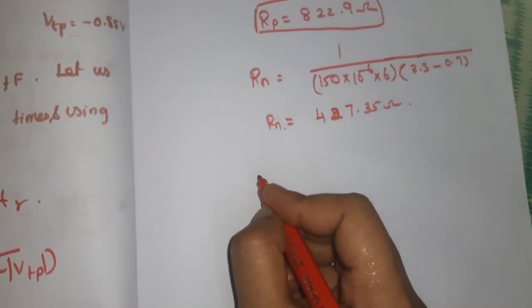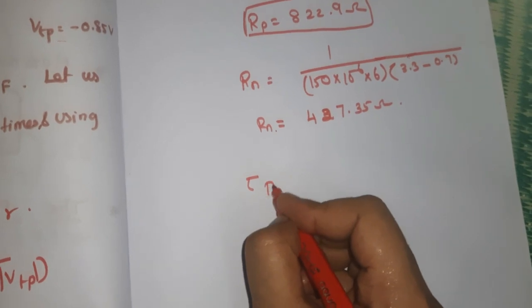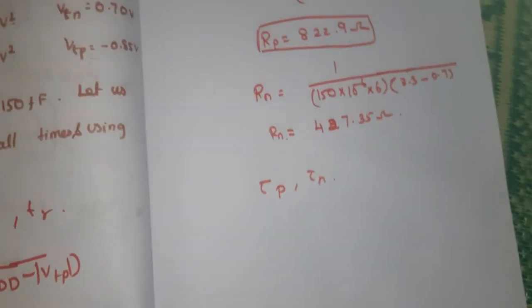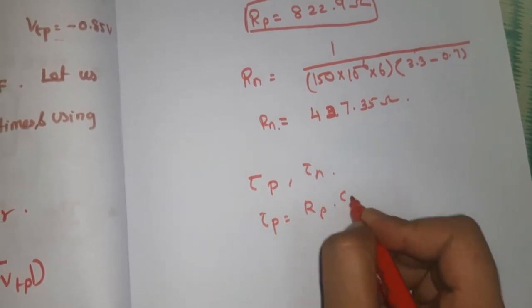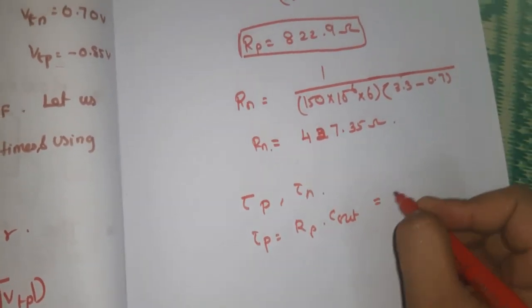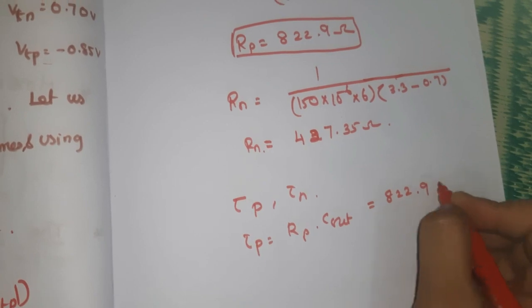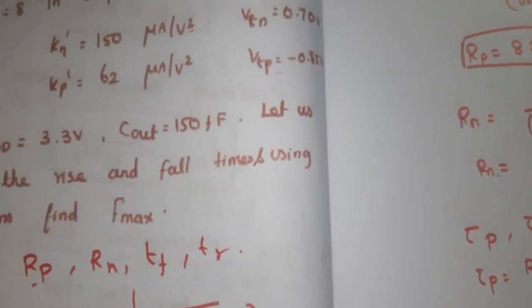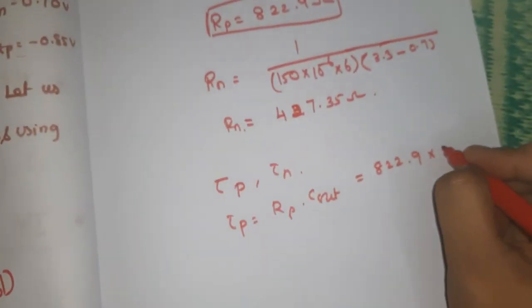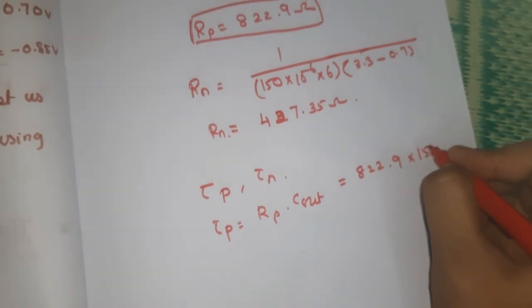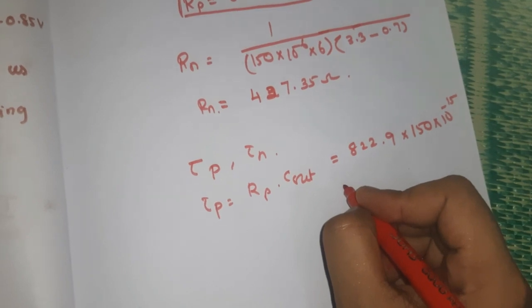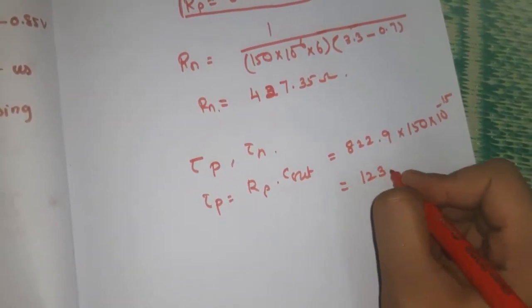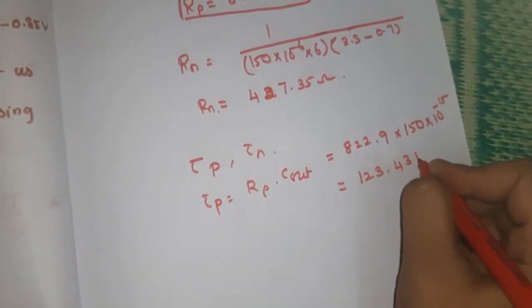So from that we have to find tau P and tau N. So tau P is equal to Rp into C out. So Rp value is 822.9 into C out value is 150 femtofarad, that is 150 into 10 to the power minus 15. So solving this, we will get 123.43 picosecond.